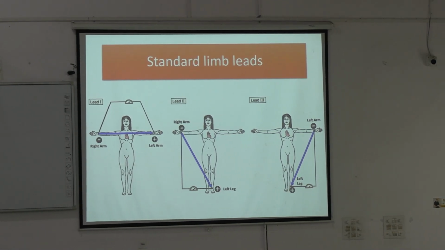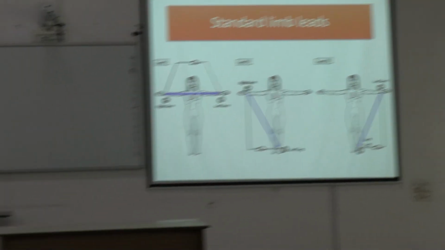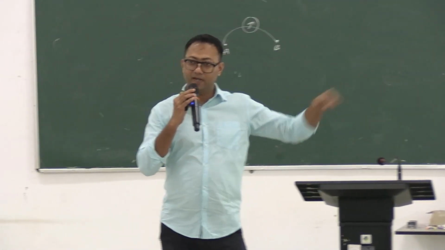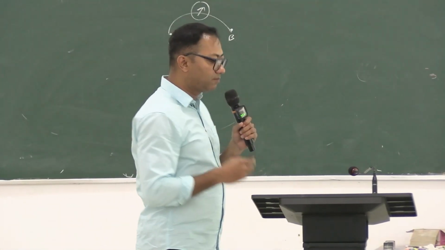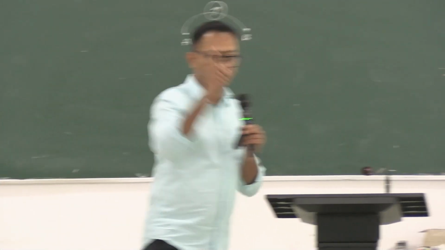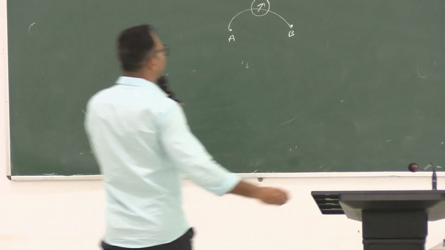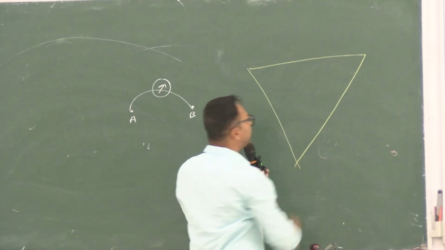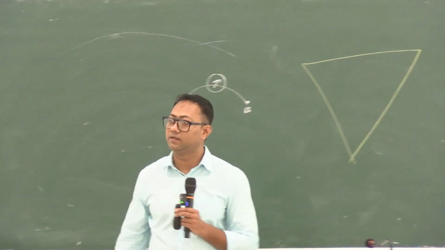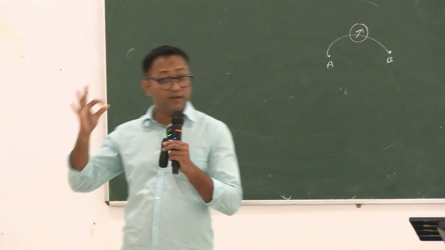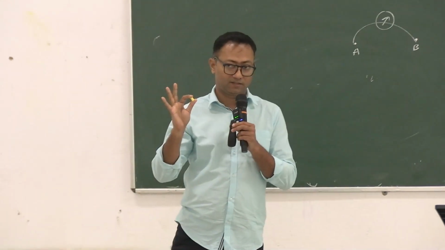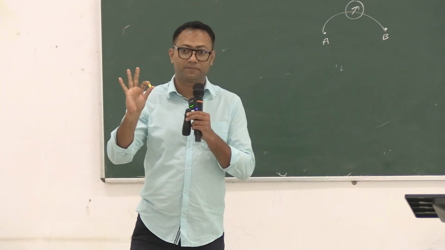So be very clear. We have right arm, left arm, and left foot. If you connect the right arm, left arm, and left foot, you get an equilateral triangle. That means all sides are equal in length, although not exactly.